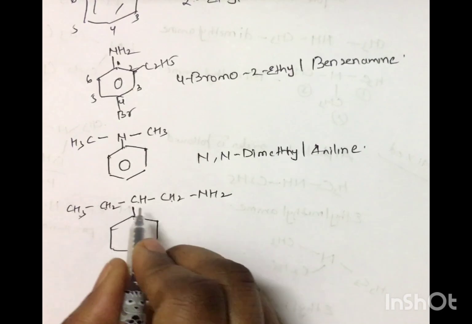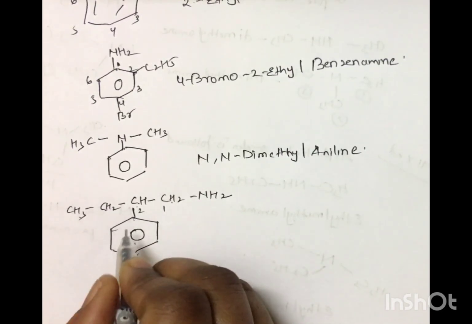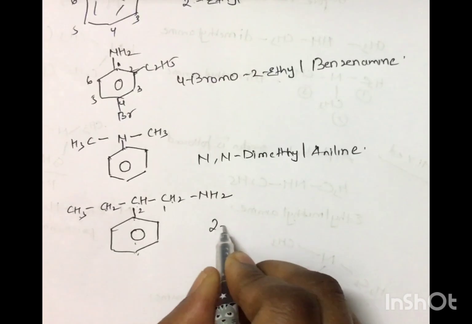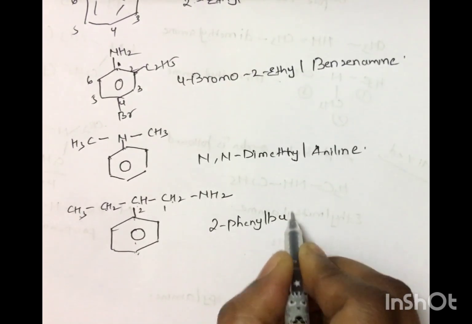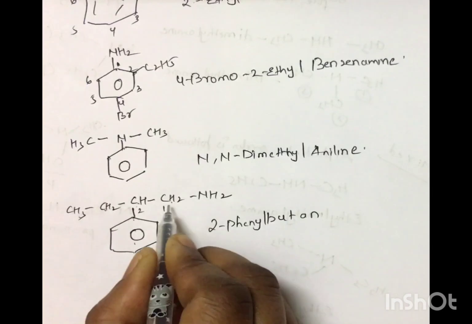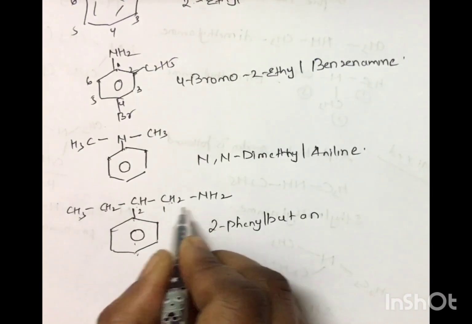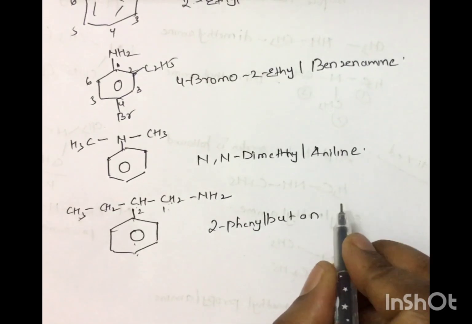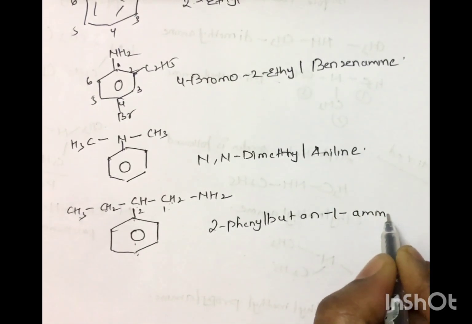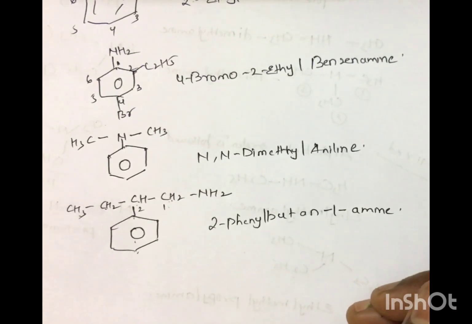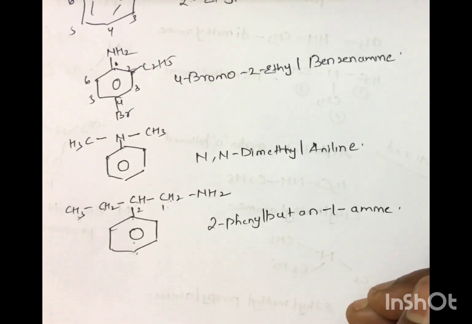This is the first carbon and this is the second carbon, so the name becomes 2-phenyl butane. There are 4 carbons, and the amine is attached to the first carbon, so we number that carbon as 1. The name is 2-phenyl butan-1-amine.